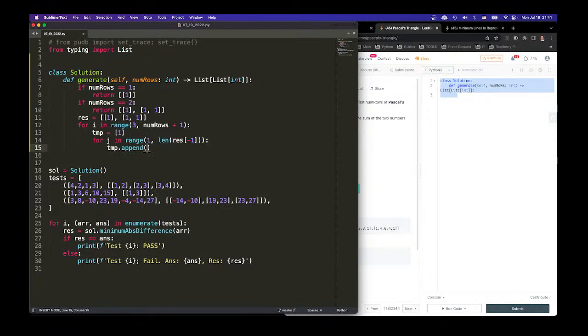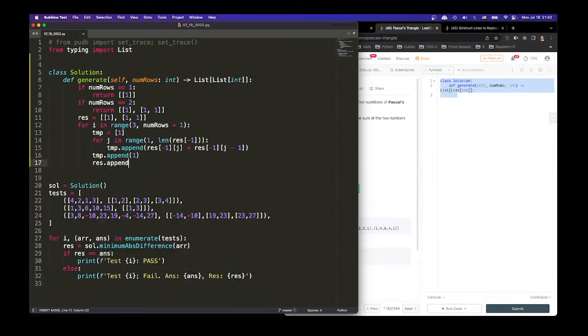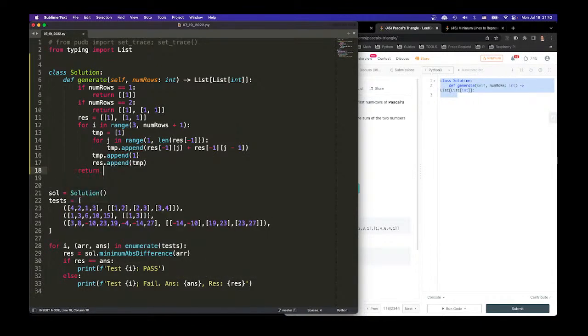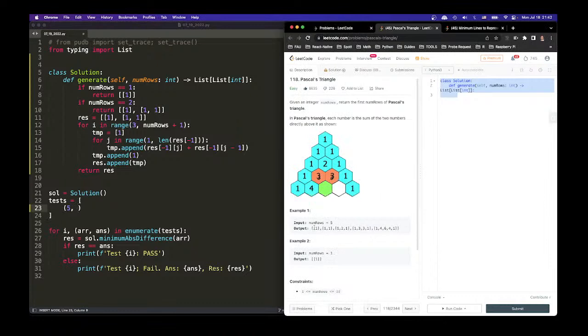Append res minus 1, j plus res minus 1, j minus 1. And then temp append 1, and res dot append temp, and now return res. That shall suffice. So 5 gives us this.